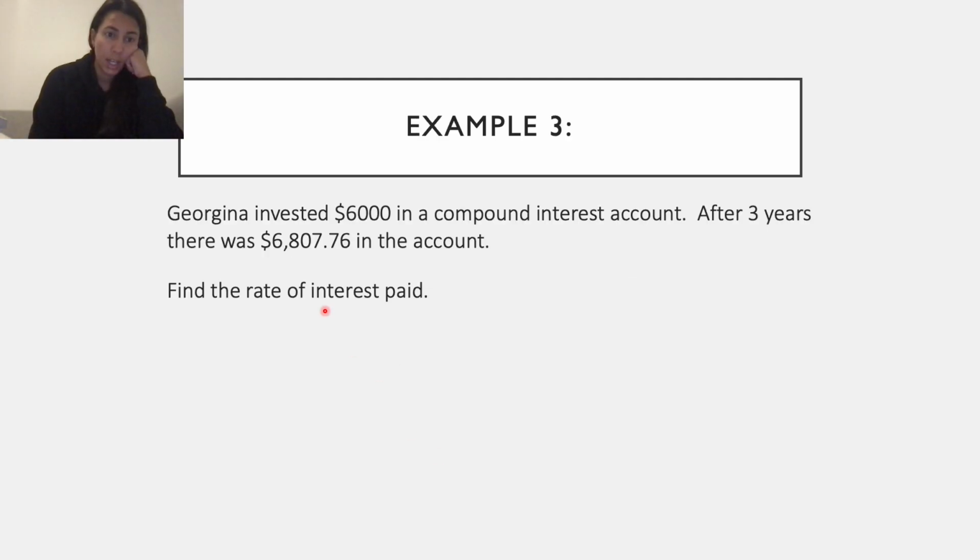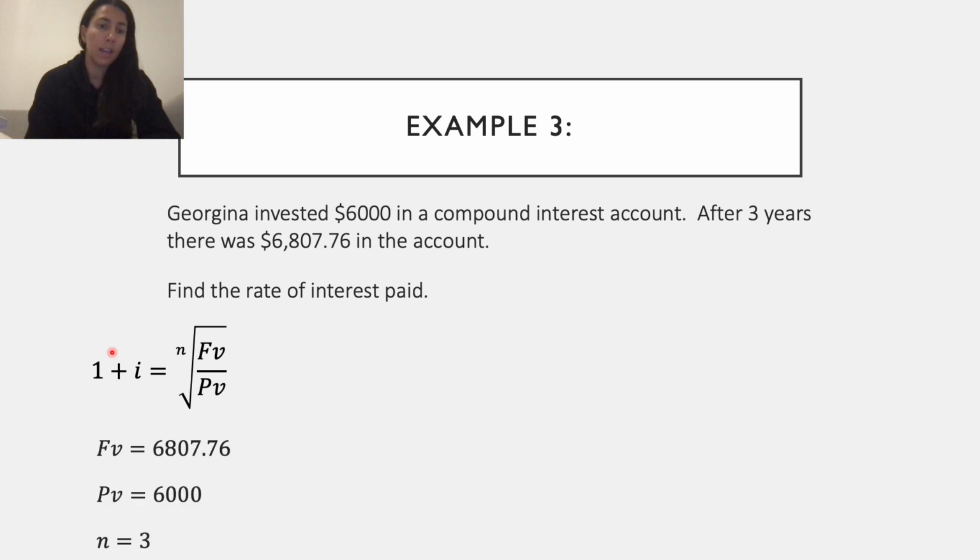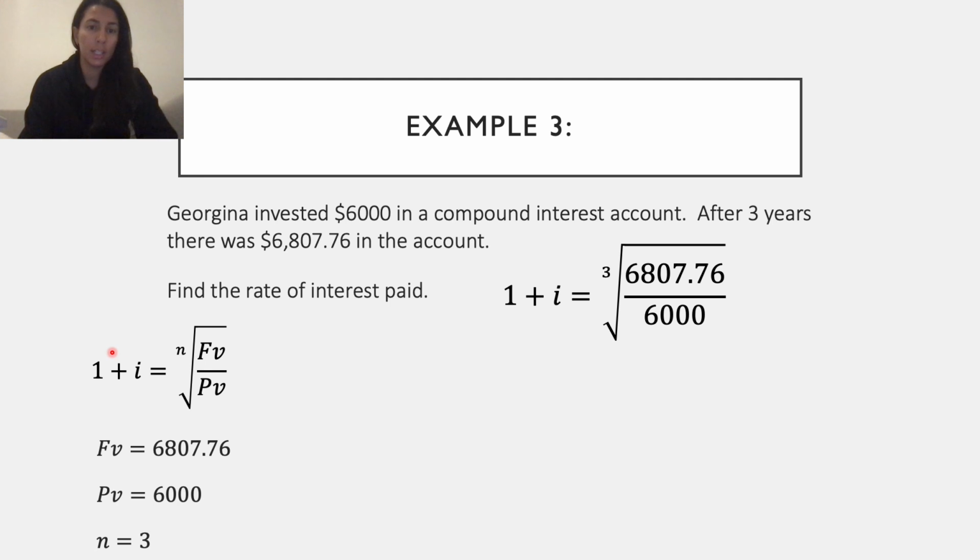Georgina invested $6,000 in a compound interest account. After 3 years, there was this much in the account. Find the rate of interest paid. We know that it's this formula. These are our 3 variables, and all I'm going to do is substitute my variables into this equation here like this.